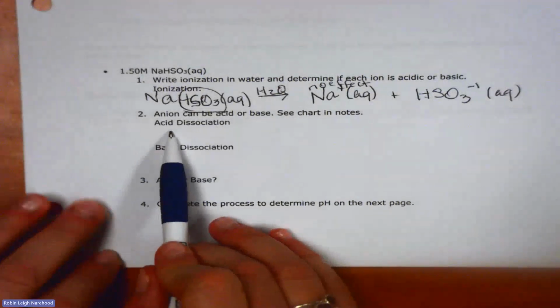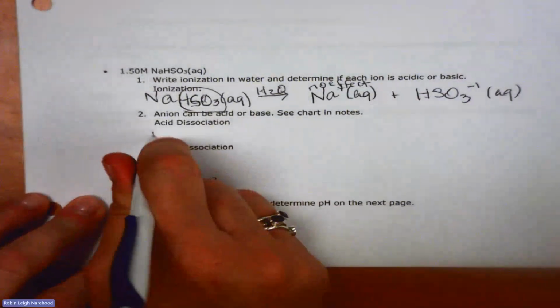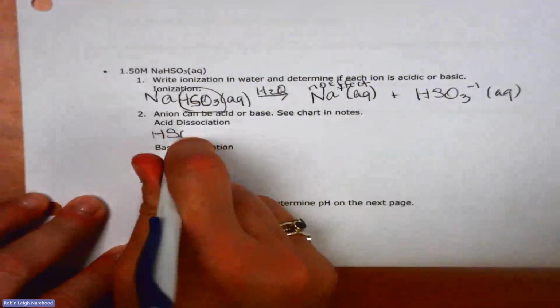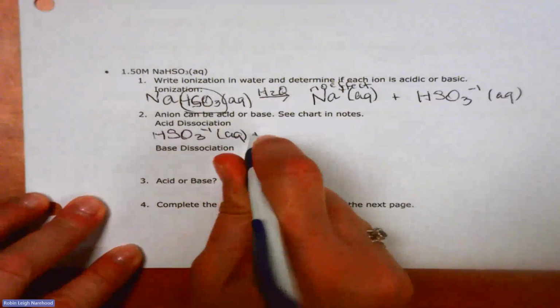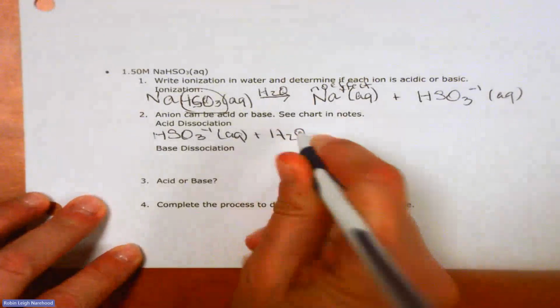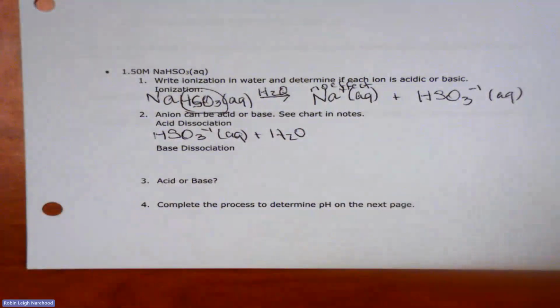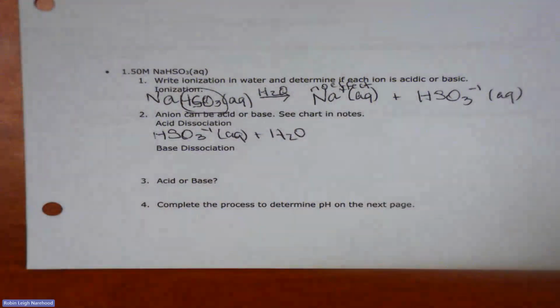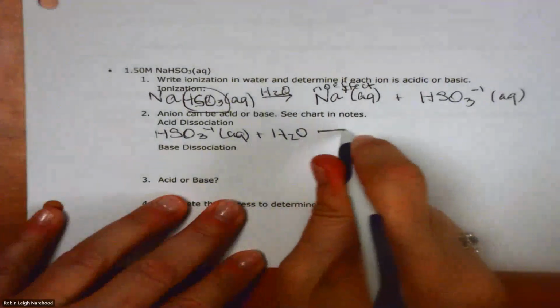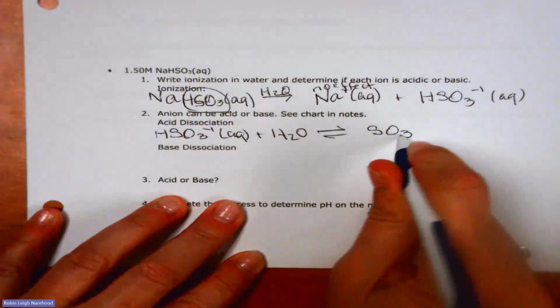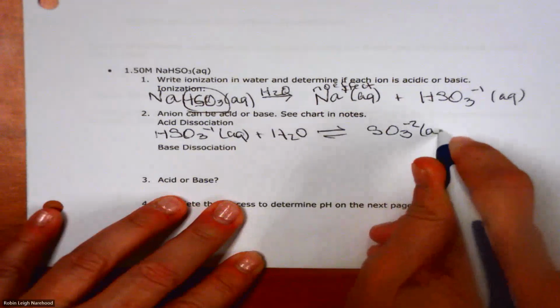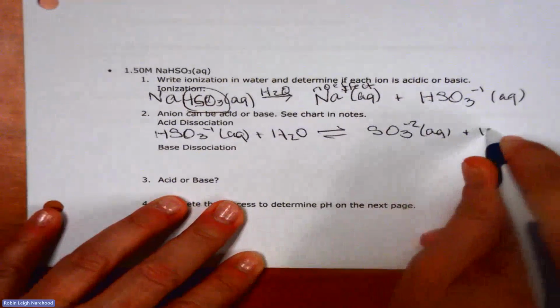So here, acid dissociation. So you always put the chemical that has dissolved. And now we need to put plus water because we want to show how it behaves in water by giving hydrogen to water. And so it will create its conjugate base and hydronium.